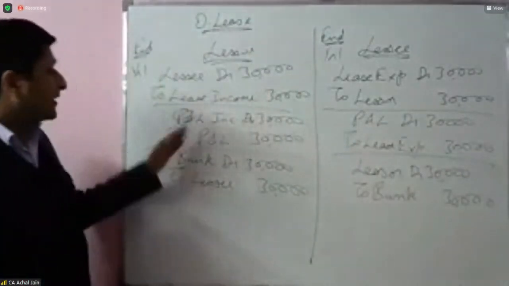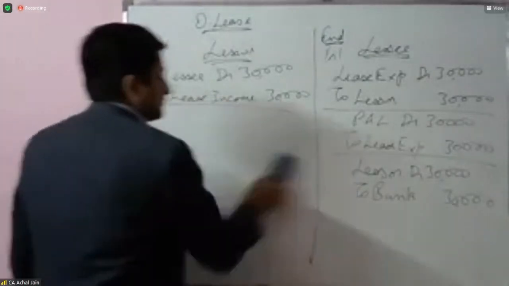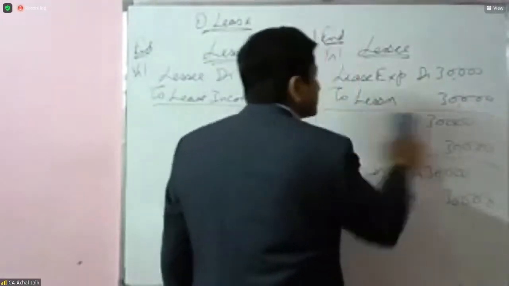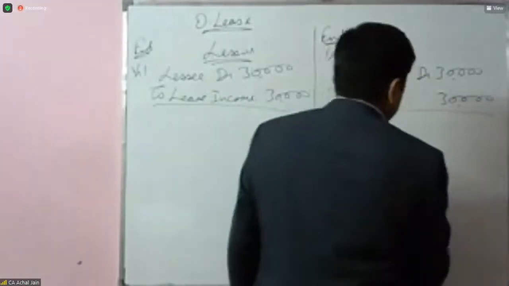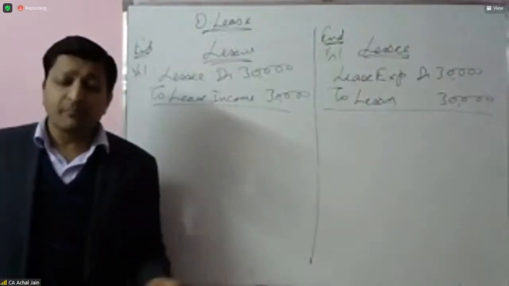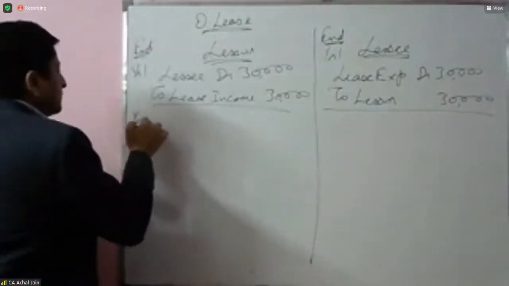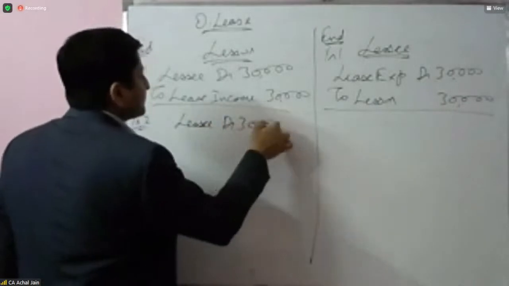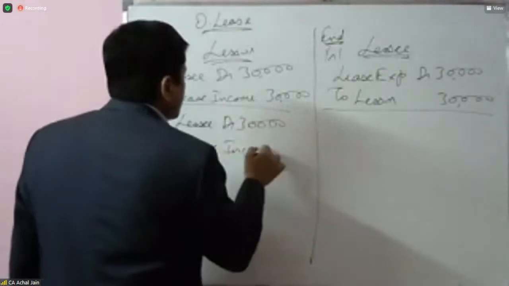Let's suppose I ignore these two entries. Then what are the accounting entries which would have been passed in years 2 and 3? Year 2, the same accounting entry would have been passed to lease income.